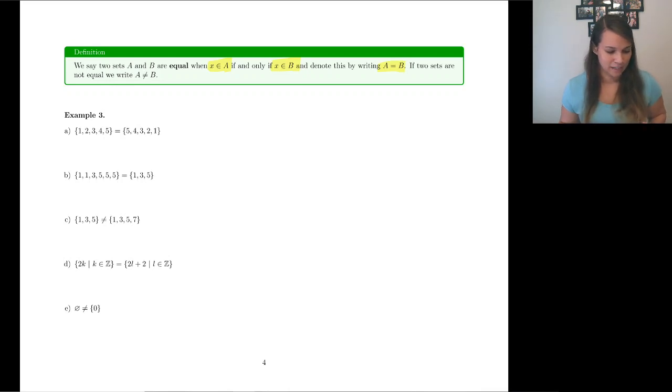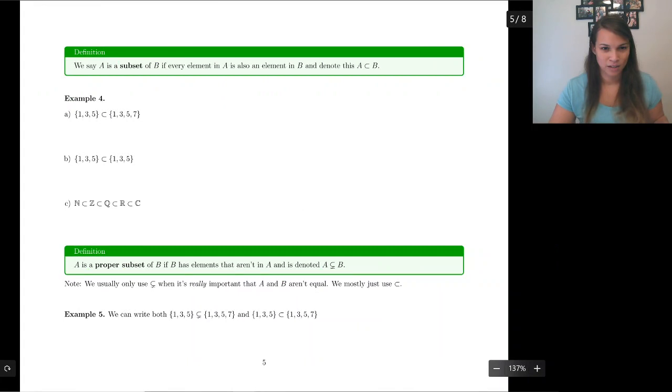All right, with that spiel, now we're going to talk about subsets. So we say that A is a subset of B if every element in A is also an element of B, but this is not the same as being equal, because we're not guaranteeing that B also has all of A's elements.